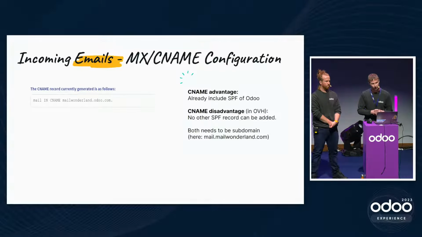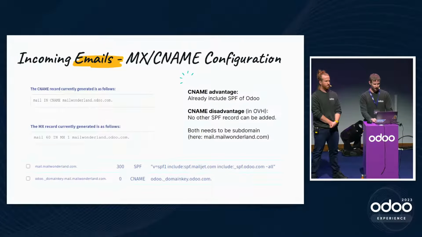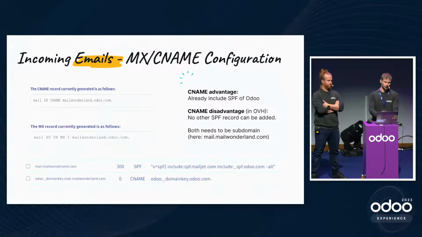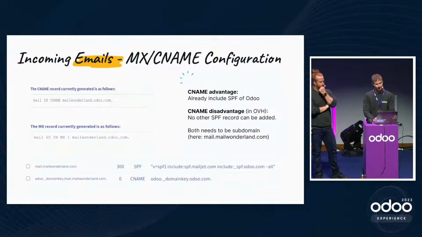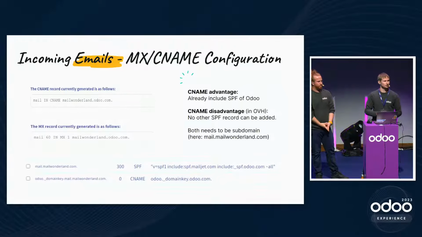As a reminder, both for CNAME or MX, you will have to use the subdomain again because on the Odoo portal, you won't be able to use your naked domain. So this is the MX record that we will use in our configuration. Again, on OVH, the record really looks like this. And don't forget that in this case, you have to configure the SPF and the DKIM.